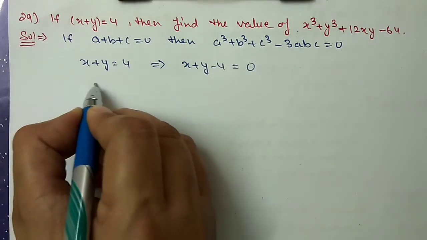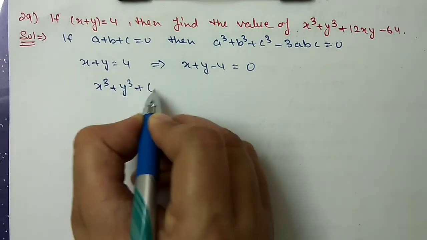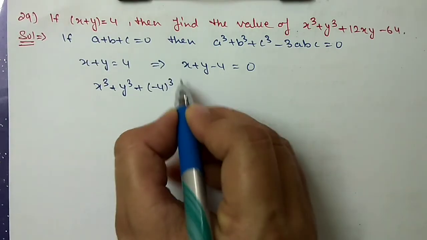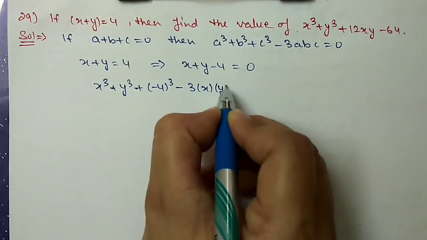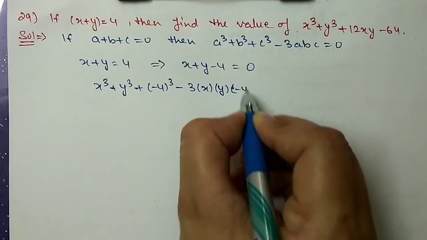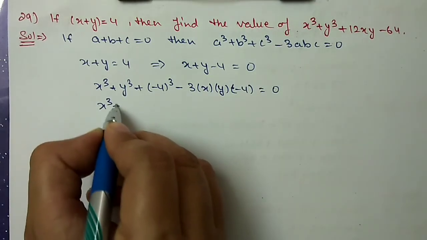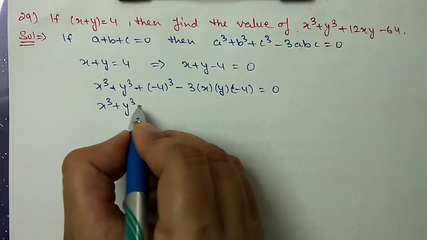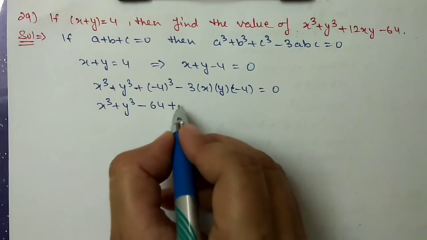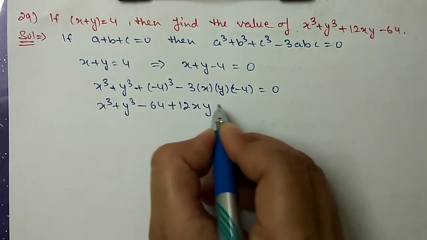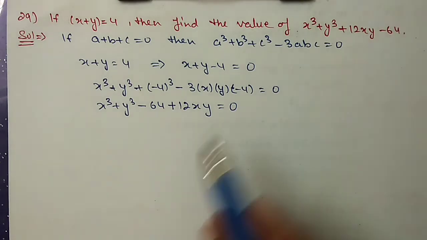So a cube means x cube, then y cube plus minus 4 cube, then minus 3x into y into minus 4, which is equal to 0. So x cube plus y cube, this will become minus 64, and this will become plus 3 into 4, 12xy. This is equal to 0. So the value of this expansion will be 0.